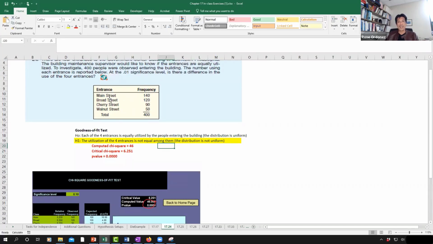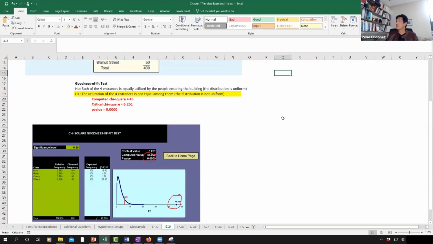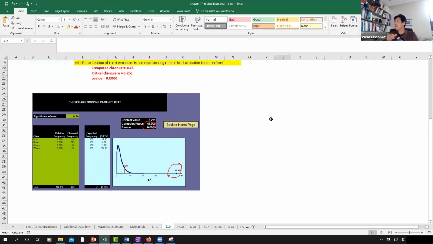Obviously, you would pick Main Street, perhaps, as the entrance, and maybe Broad Street as exit, based on the frequency. Okay? Does that make sense? Yep. All right.